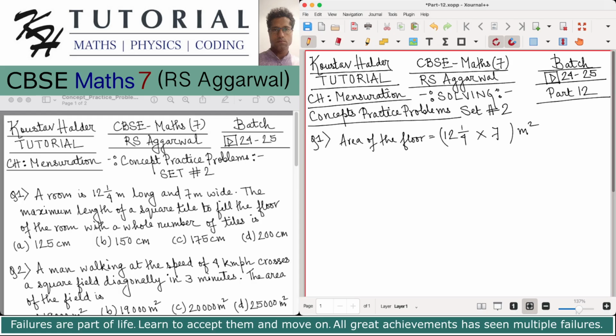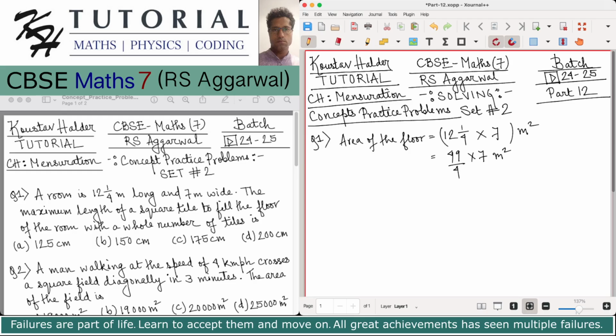Okay, this is equal to 12 and 1/4 is 49 by 4, multiplied by 7, this much meter square. Okay, so this is the area of the floor.